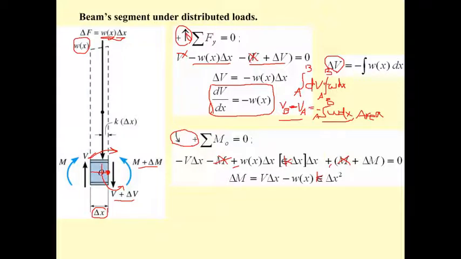delta x squared. And since delta x can be very small, when we consider it to be the differential, the equation can be reduced to dM/dx equal to V. This is as we have before, and it means the slope of the moment diagram is equal to the shear force at that point.